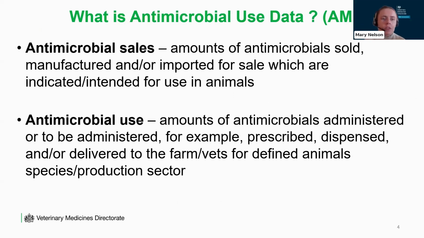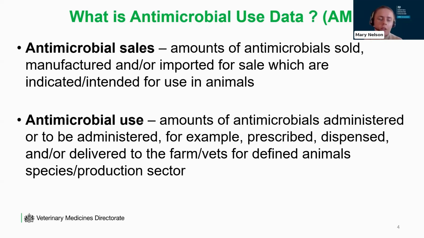What is antimicrobial use data? This can be split into two groups: antimicrobial sales and antimicrobial use. Antimicrobial terminology by the WHO refers to antibiotics, antivirals, and antifungals, for example, which are products used to treat infectious diseases in humans, animals, and plants.